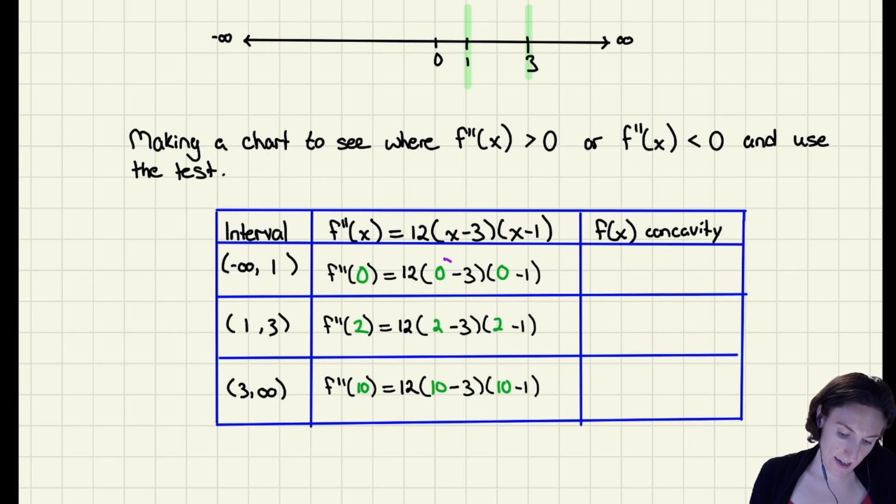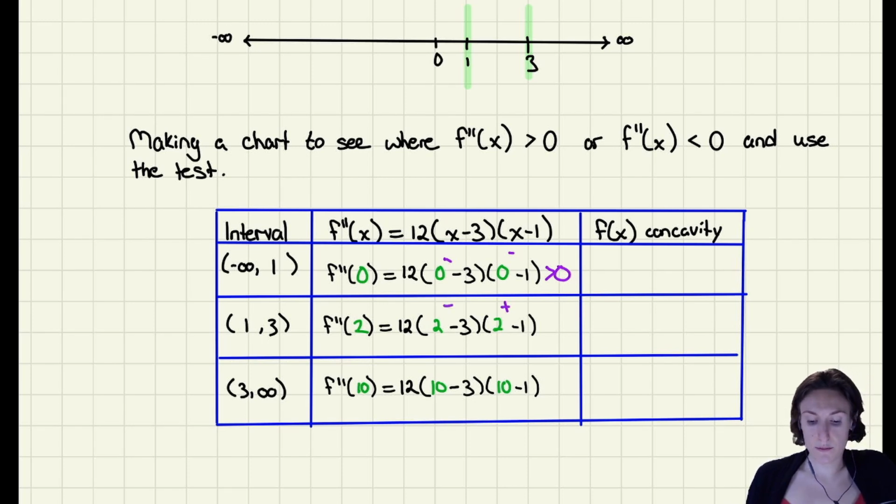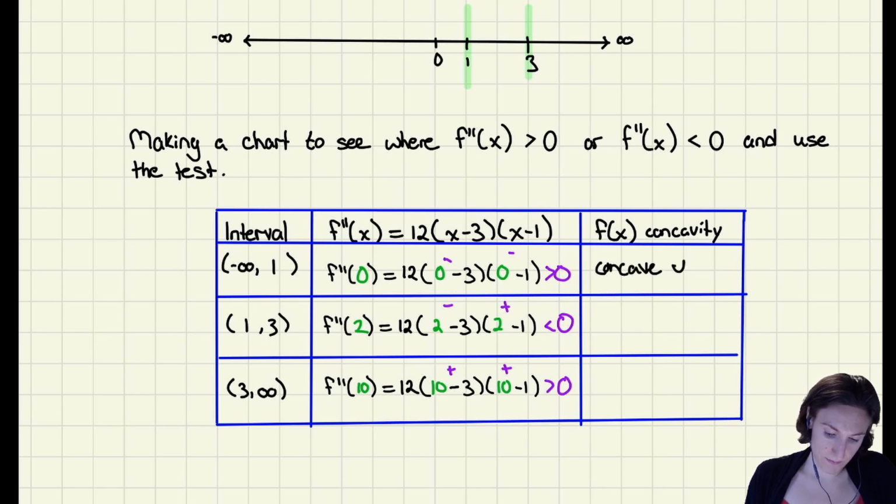So this is negative, so negative times 12 is positive. This is negative, this is positive, times 12, that's going to be negative. And then this is positive, positive times 12, still positive. Okay, so for concavity, because it's greater than 0, this is concave up.